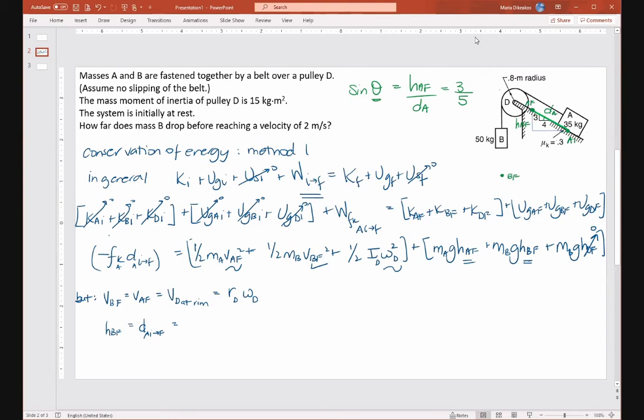But really, it's best to write it as 3/5 to keep it as a sine thing. Your HAF is equal to DA sine theta. So in this case, we have this relationship, and all of our H's here have been written in terms of one variable, our DA.